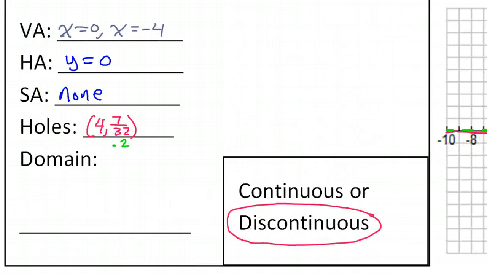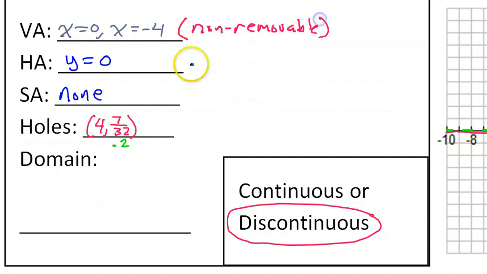Now, as far as the specific discontinuities, alright, all of these asymptotes are discontinuities. Okay, so like these vertical asymptotes are non-removable. Okay, those are non-removable discontinuities. Same with the horizontal asymptote, non-removable.